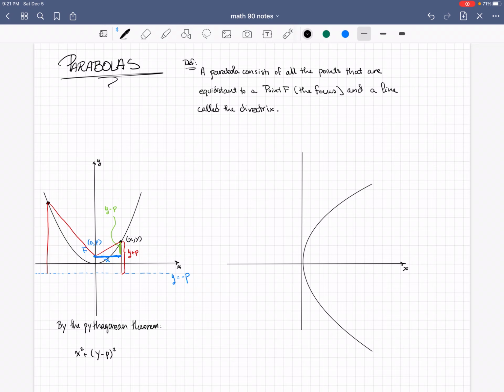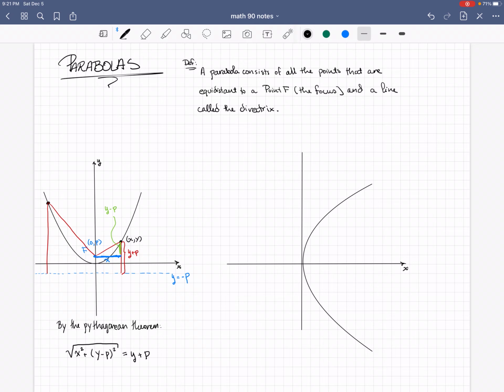That is the square of the length of the red line, so its square root is the length of the red line. But we know that the two red lines have the same length, so that means that that is the same as y plus p.